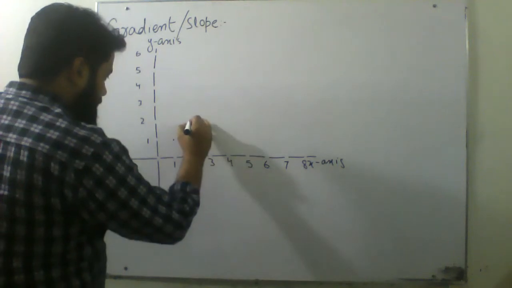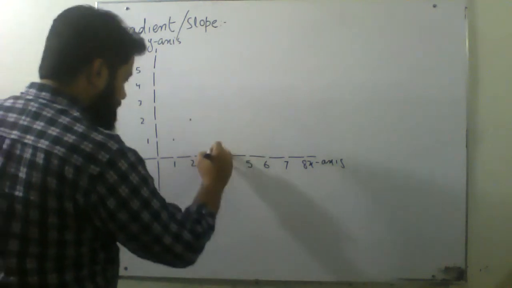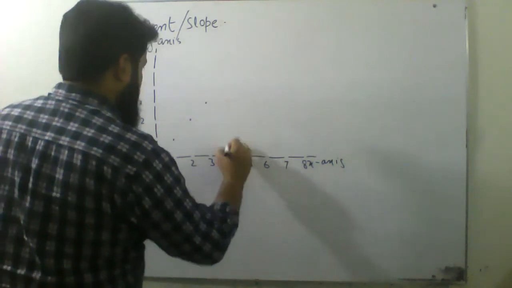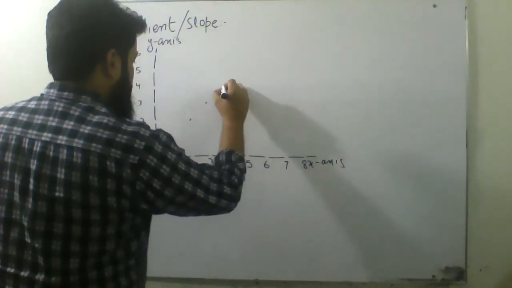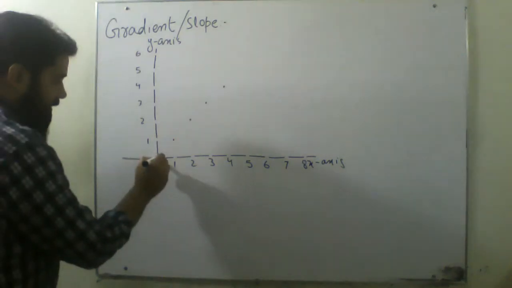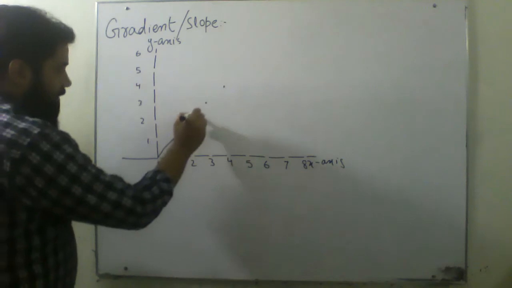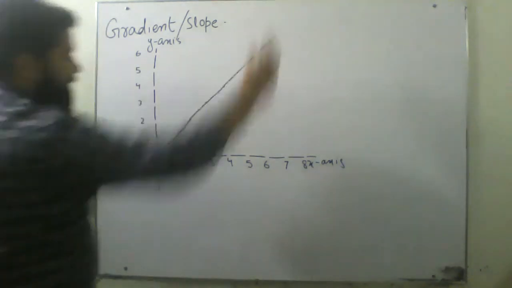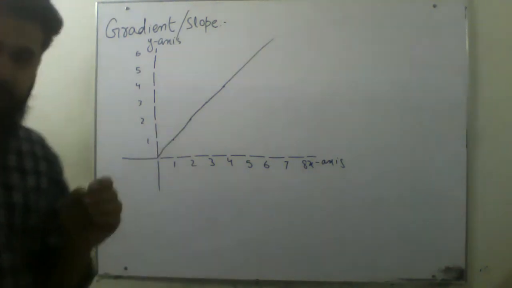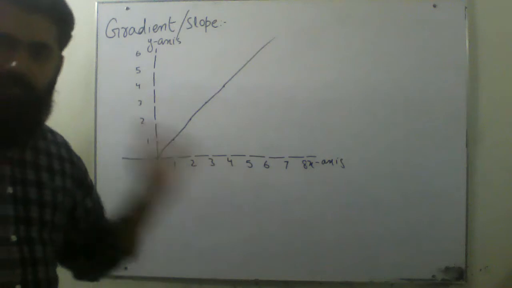Now I'm making a line over here. This is a line given to me, and when I connect it, it will go something like this. Now let me select any 2 points from this line.